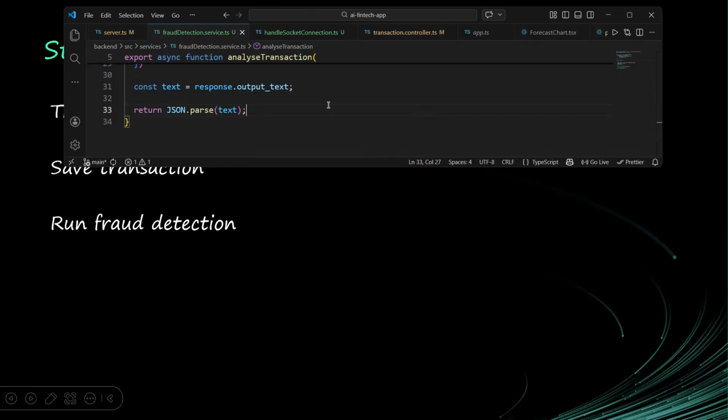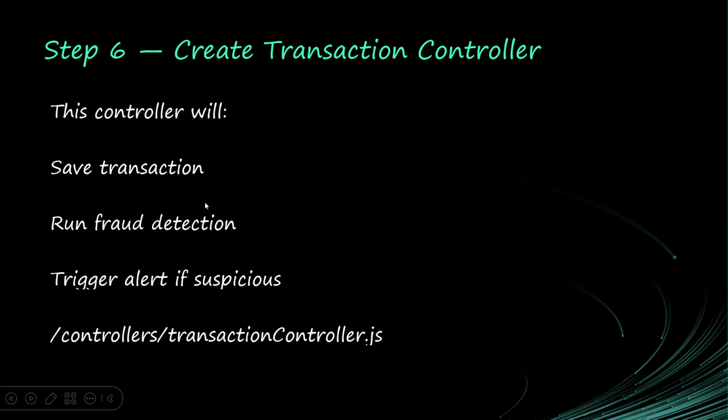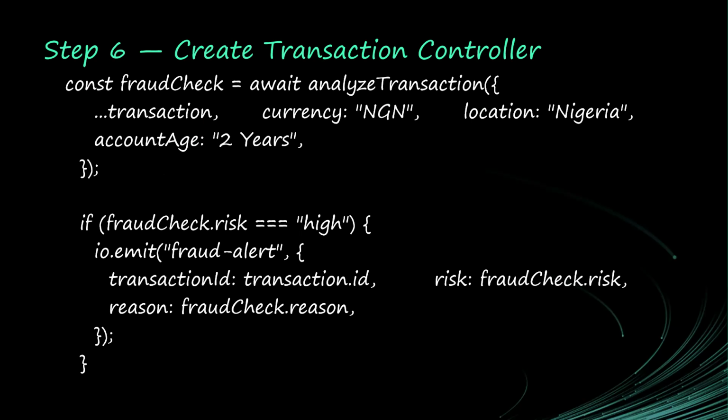Now, the next thing we have to do is go to our controller. We already have a transaction controller, so we go into it. After saving the transaction, we will run the fraud detection and trigger an alert if it is suspicious. So this is the little code we are just going to add inside the controller.